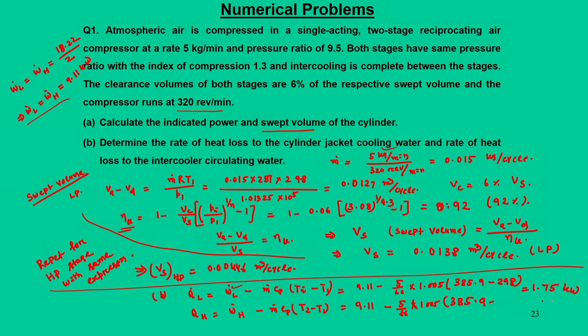So, this is also 1.75 kilowatt. Now, what remains is the heat loss in the intercooler. For this intercooler, the difference between these two is nothing but the intercooler heat. So, we can write Qi, that is for the intercooler, is nothing but m dot Cp into (Ti minus T1).